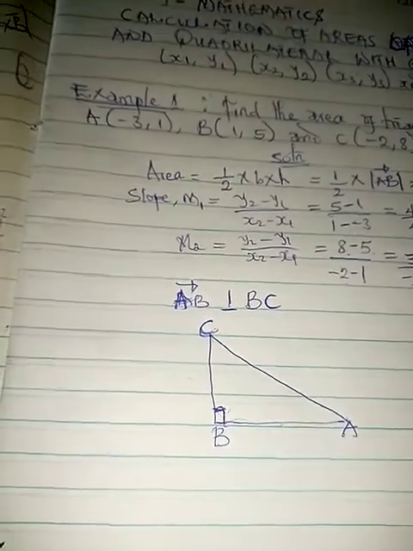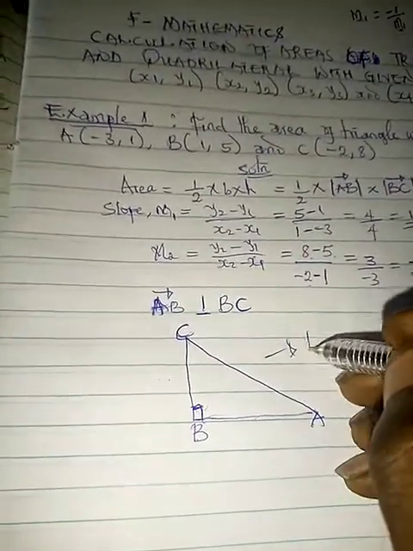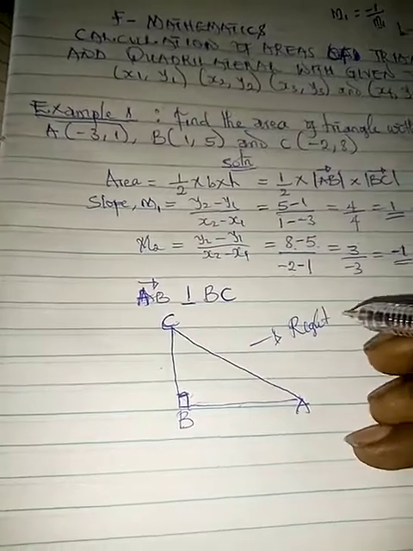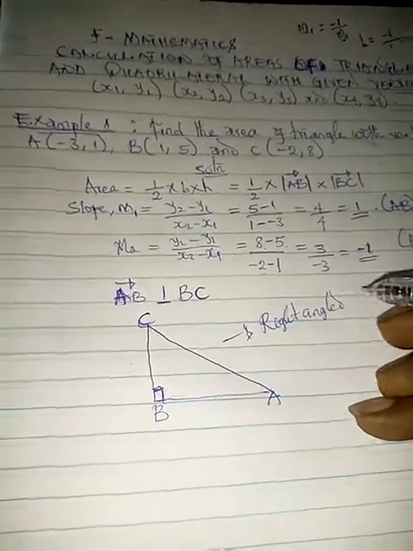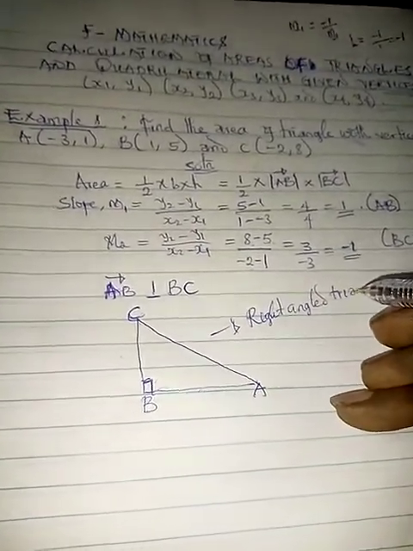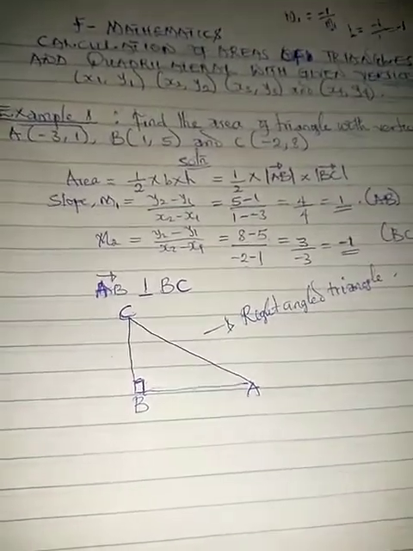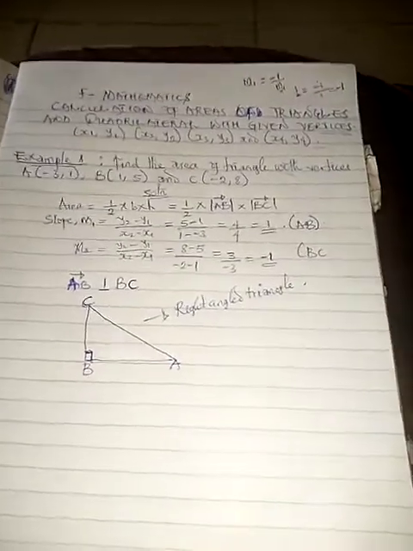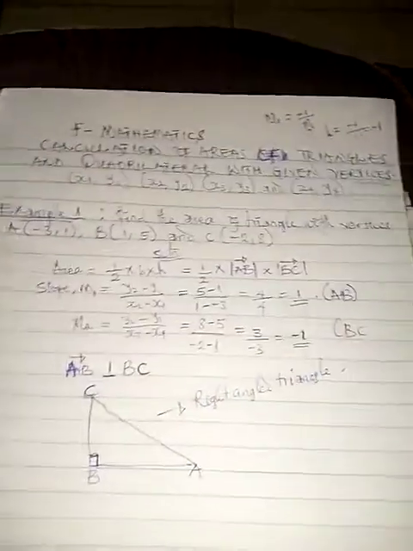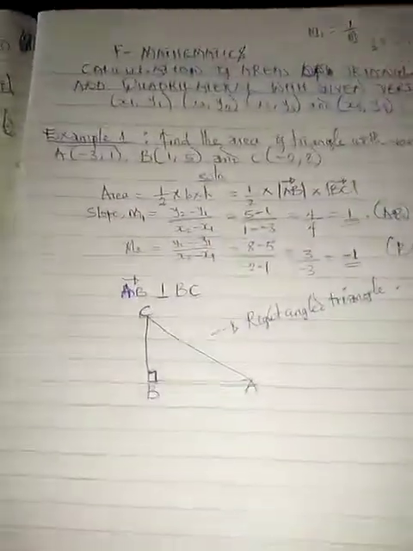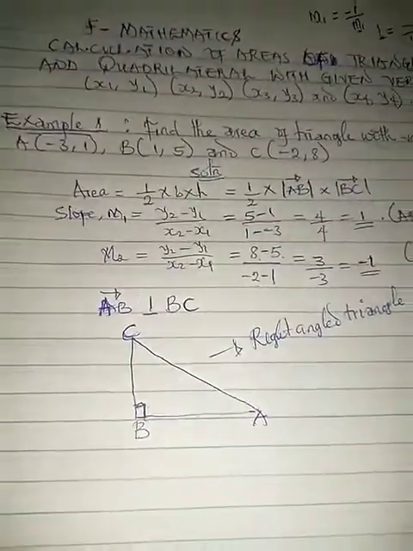That means that the kind of triangle here we have is a right angled triangle. So in case you are given a question like this in your exam, you should be able to know that the kind of triangle these vertices form is a right angled triangle.